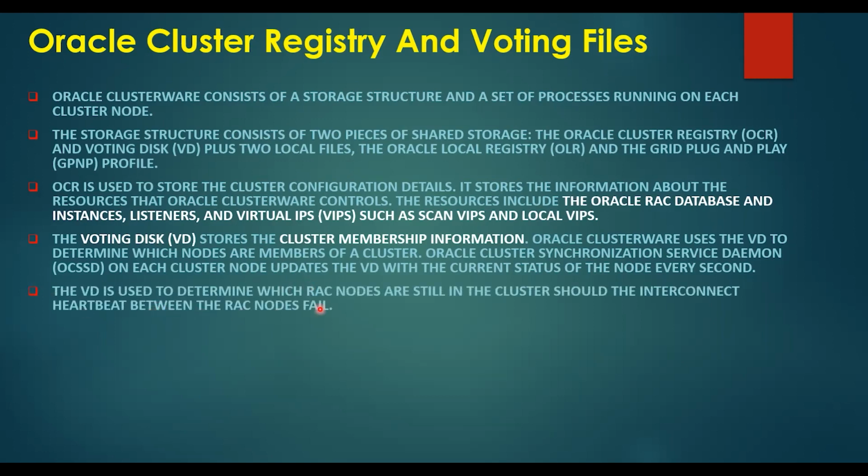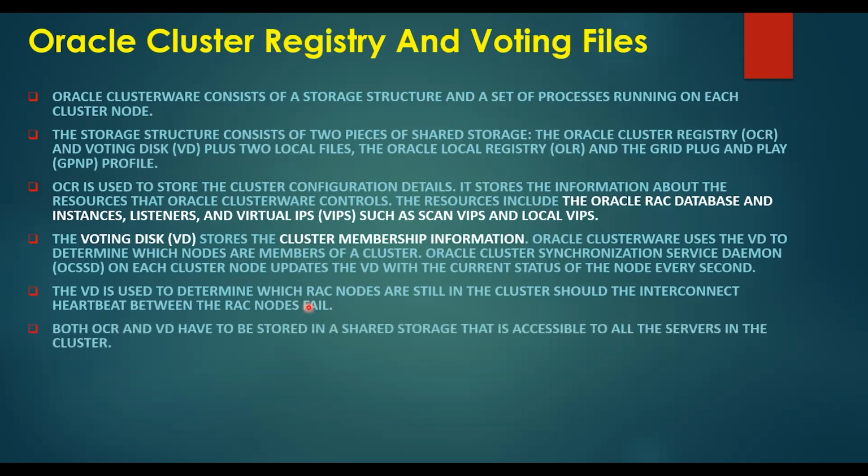The voting disk is used to determine which RAC nodes are still in the cluster, and the interconnect heartbeat between the RAC nodes. Suppose there is a two node RAC database system; between these two nodes they keep updating the status information within the voting disk. With the help of the voting disk, we can determine which nodes are currently active members of the clusterware.